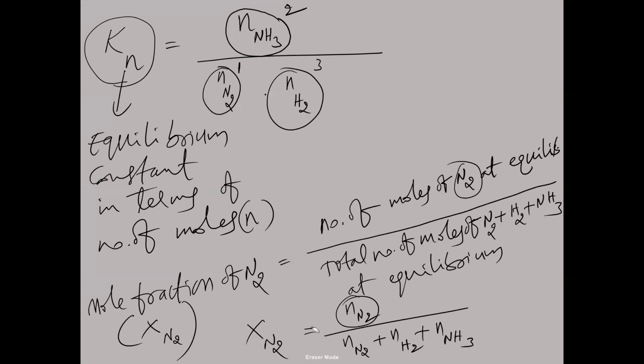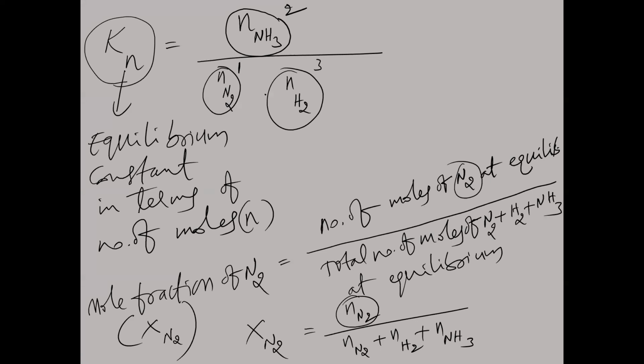So this is the mole fraction of nitrogen gas. In the same way we can calculate the mole fraction of hydrogen gas and of ammonia gas. So first we have to get the mole fractions of all the reactants and products.